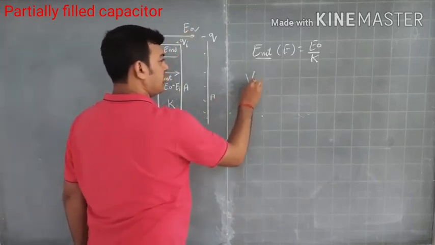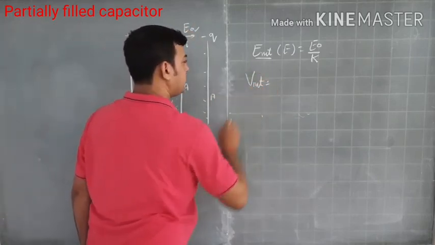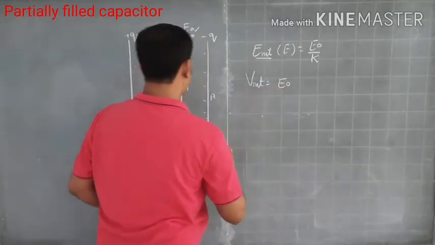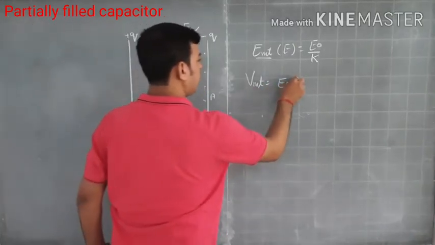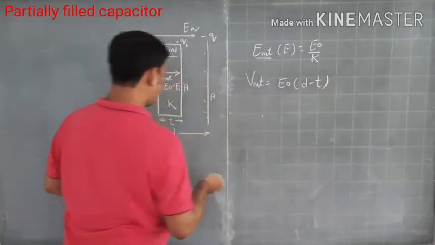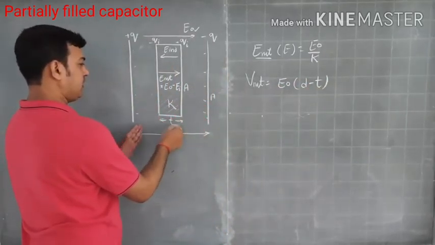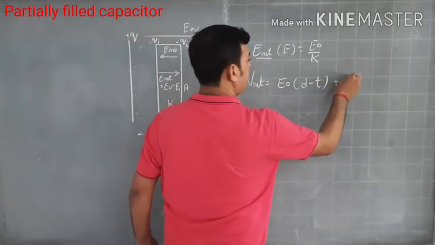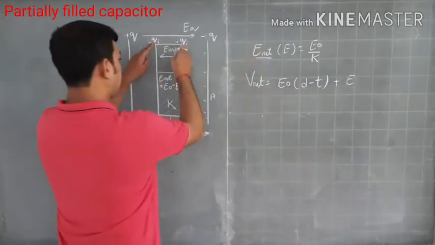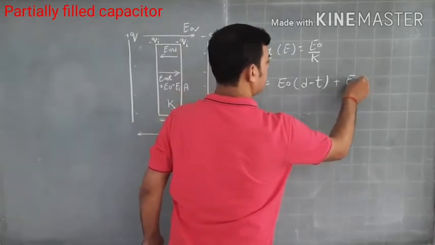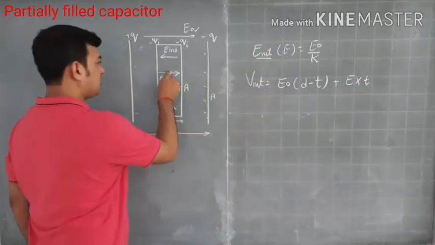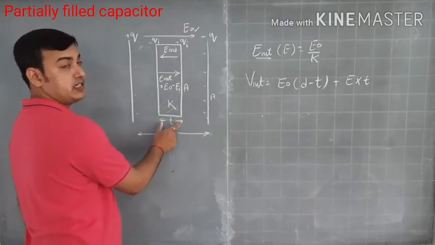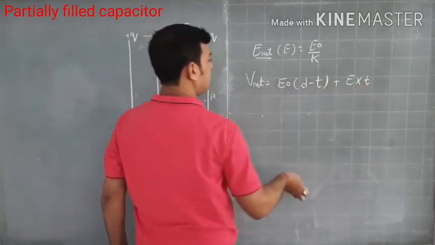So I can easily calculate the net potential difference, and that is the field in air multiplied by the separation. As you can see, d minus t is the place where there is air, plus the field that is inside the dielectric multiplied by the separation, and this net electric field E is only in this separation t, so I will multiply it by t.